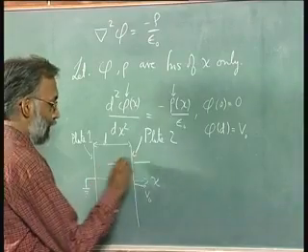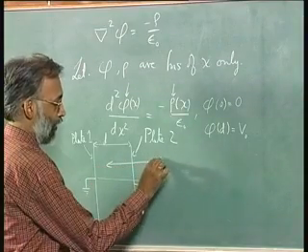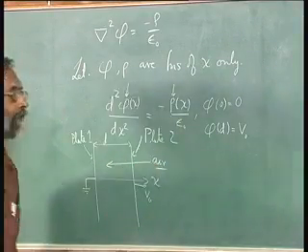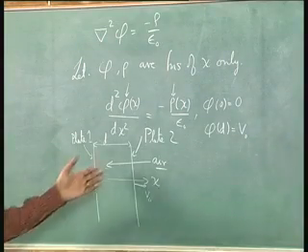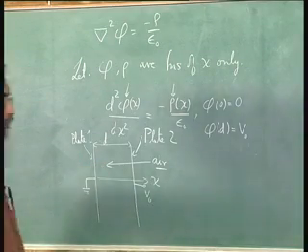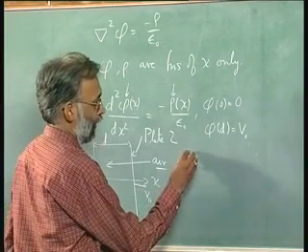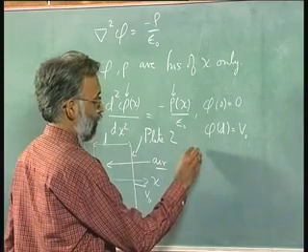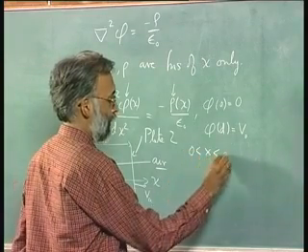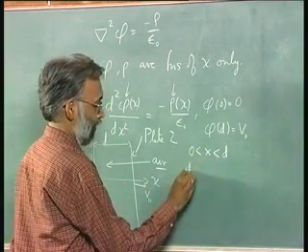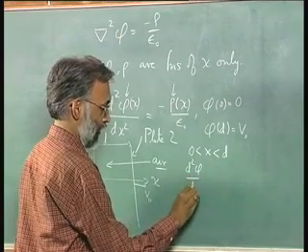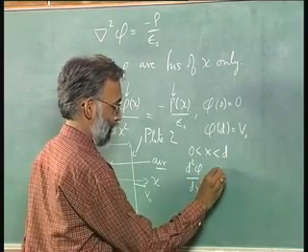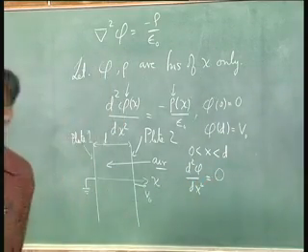The region between the plates is air, which means there is no charge there. So, I also have for 0 less than x less than d, d squared phi dx squared is equal to 0.